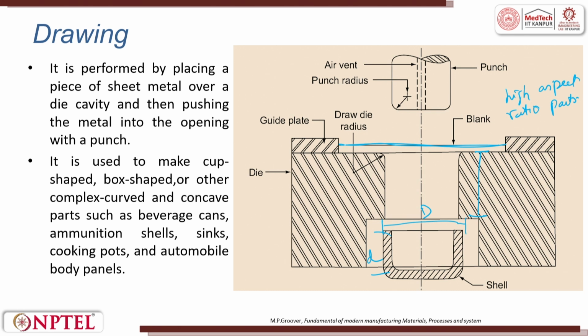In drawing operation, we always try to make a glass tumbler, a vessel, deep drawing. It is performed by placing a piece of sheet metal over a die cavity and pushing it against the punch. Now, when the punch comes down, the punch is rounded.